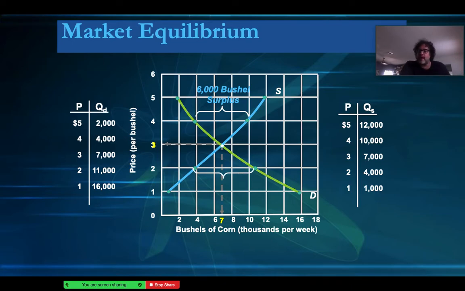And then, of course, we have the opposite. We have a shortage, right? At a price of $2, we have 11,000 people that want to buy it, only 4,000 people willing to produce it. So how do we get rid of that? What does the market tell people? It says, look, if you start growing corn, there are some people that will buy it.